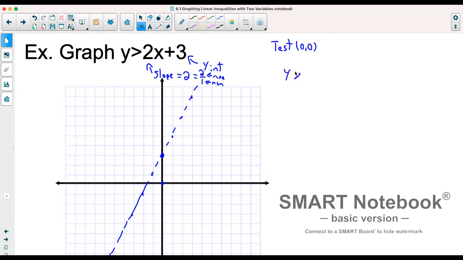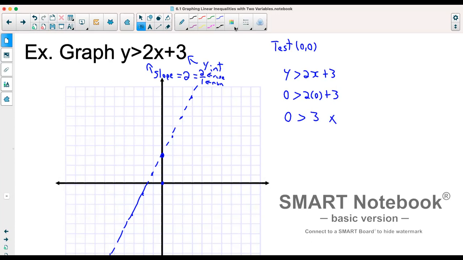So we have y is greater than 2x plus 3. So we've got 0 is greater than 2 times 0 plus 3, so 0 is greater than 3. Now, 0 is not greater than 3, so our test point here is not part of the solution because this did not work. Because it was on this side of the dashed line, that must mean that points on the other side are part of our solution.